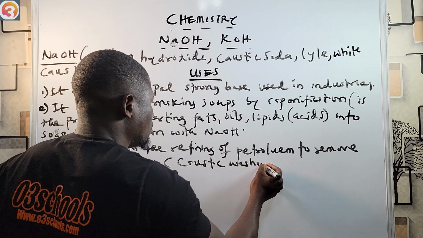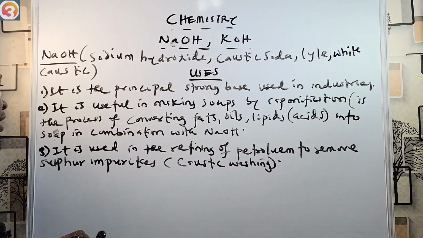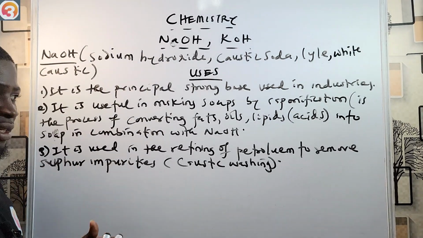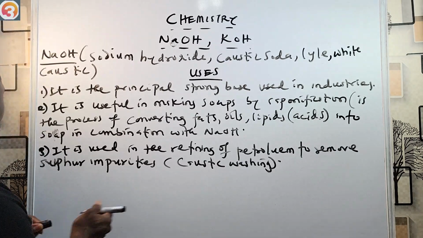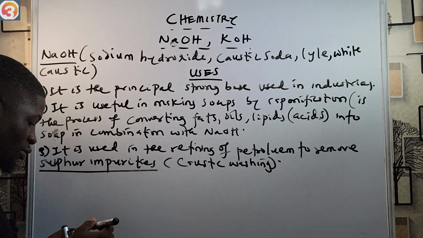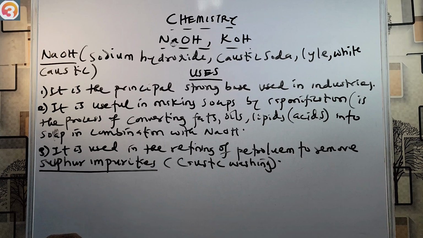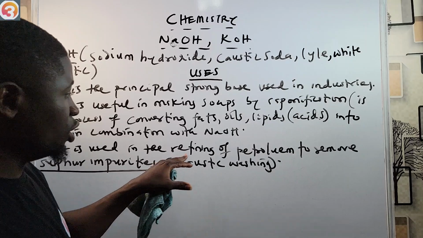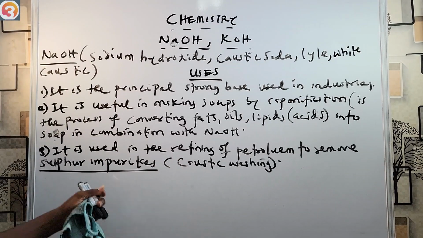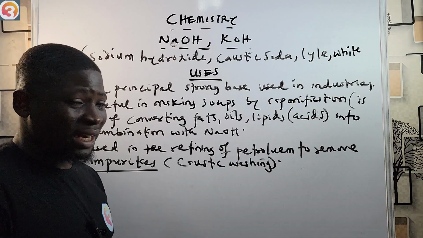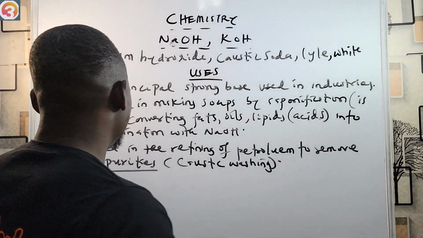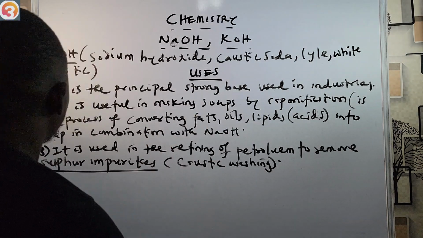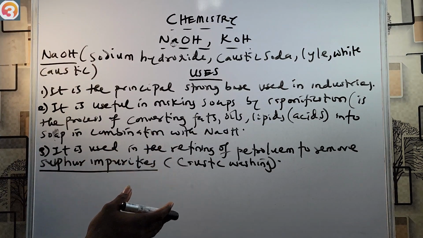So it is used in the refining of petroleum to remove sulfur impurities. So sodium hydroxide is useful in the removal of sulfur impurities. So take note of that. It's very important. These are exam questions that come out, right? So you have to take note of them. Sodium hydroxide is used in the refining of petroleum to remove sulfur impurities in a process called caustic washing.